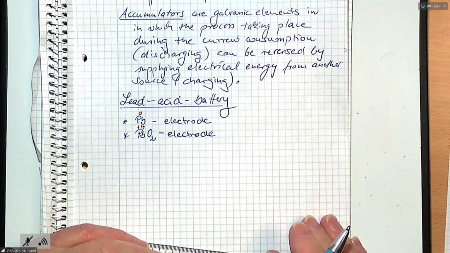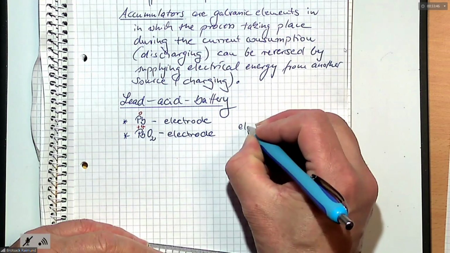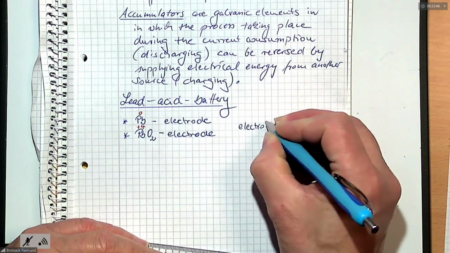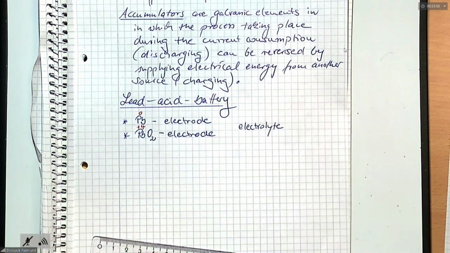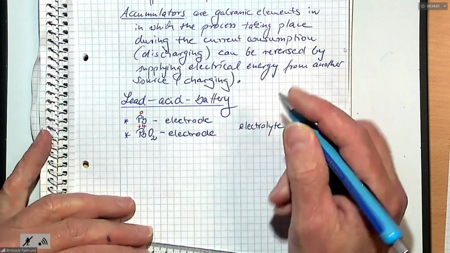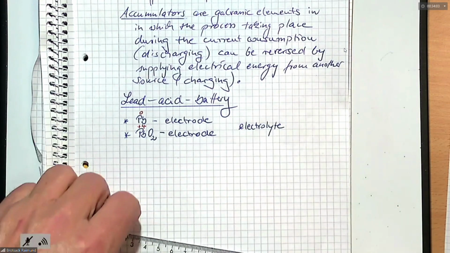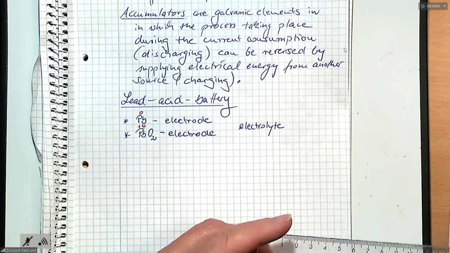The electrolyte, that is the solution, we call it electrolyte, where the ions are in. And in the lead acid battery, what do you know? Do you know what acid it is?